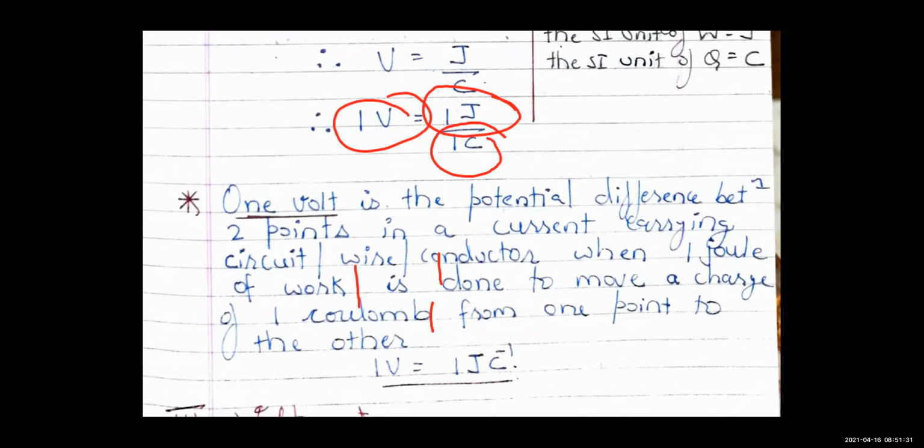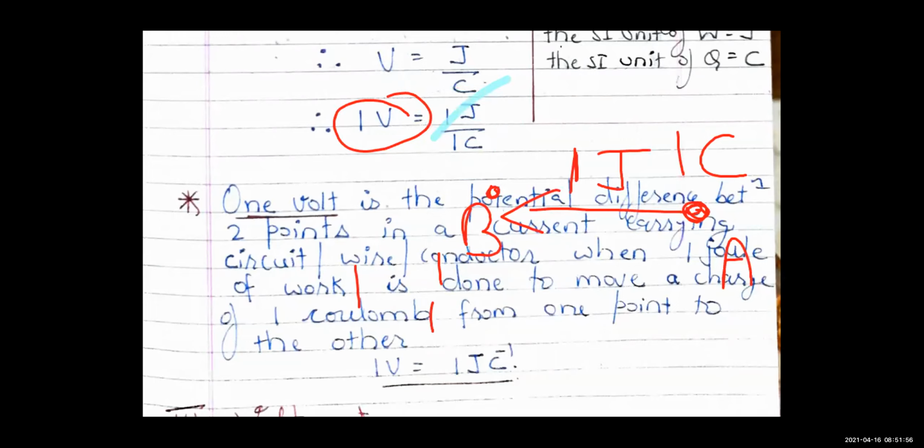So here you are doing 1 joule of work in bringing 1 coulomb charge from one point to another. You have a 1 coulomb charge, and you want to move this charge from one point to another. The work you did on it is 1 joule. So the electric potential difference will be 1 volt.